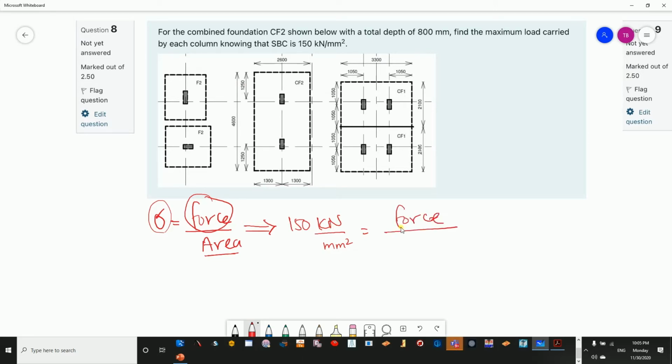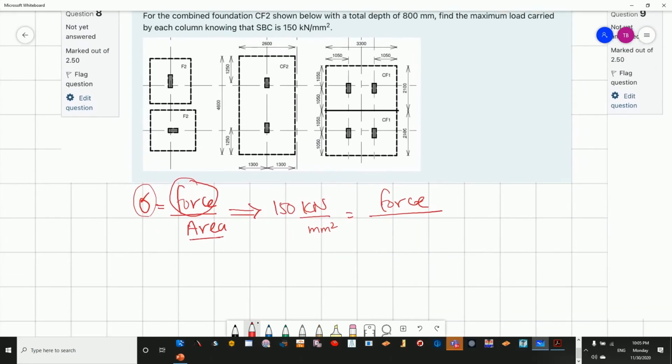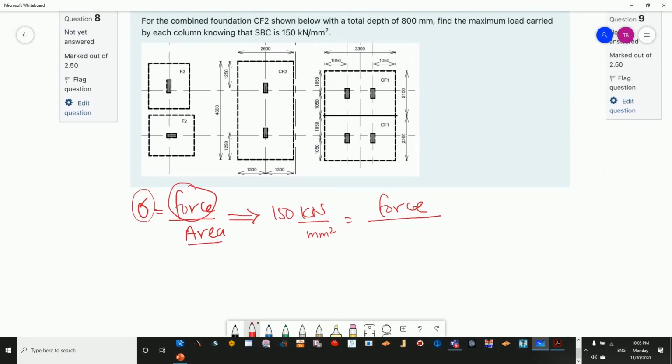And we have an area of foundation given to be 2.6, which is CF2. Clearly it has been mentioned that it's CF2, so 2.6 multiplied by 4.6 in terms of meter. To keep it in terms of millimeter, we're going to say force divided by 2600 multiplied by 4600.